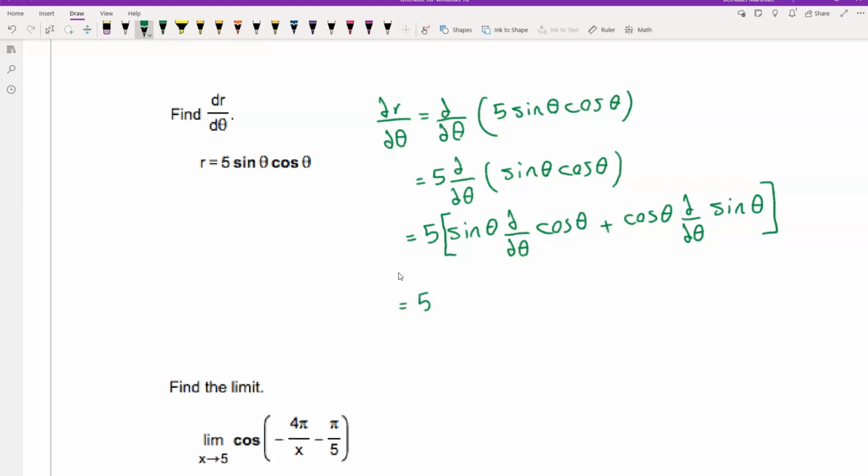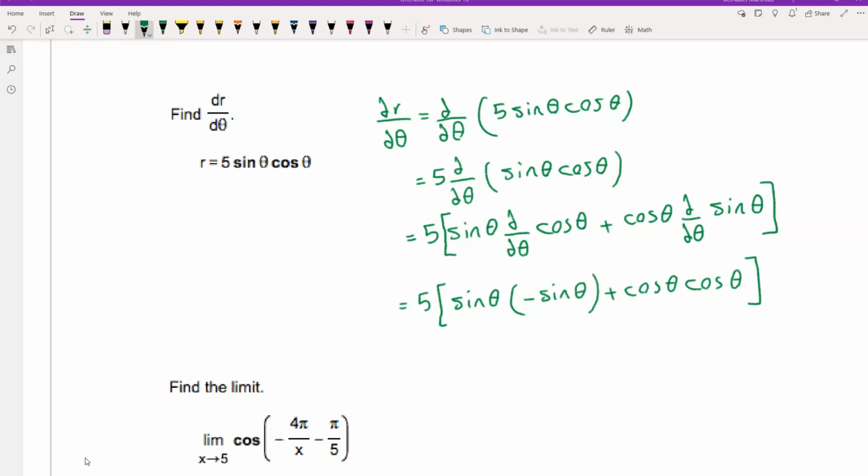And that is 5 times sine theta times the derivative of cosine theta, which is negative sine theta, plus cosine theta times the derivative of sine, which is cosine. So here we have sine theta times negative sine theta, so that is negative sine squared.